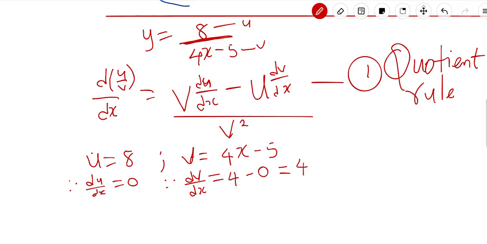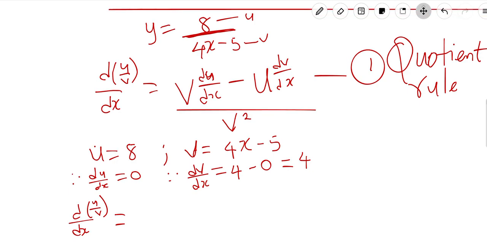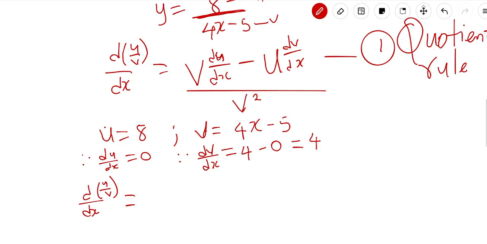We can now say from equation 1, we just need to substitute all the values we found here into equation 1. So if we do that, we're going to have u over v. So from equation 1, our v is 4x minus 5. Our du over dx is 0, minus our u is 8.